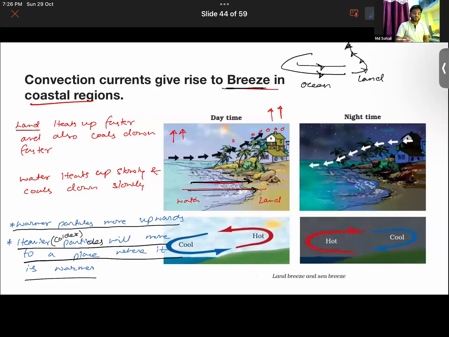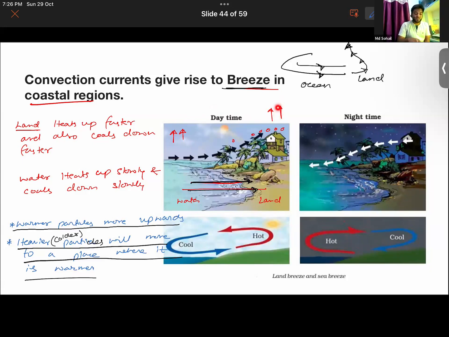Okay, sure. In the daytime, basically what happens, the air molecules over the land will be heated up because we know that land heats up faster. So the air above the land will also become warmer and then tend to rise up, because when they are heated, they become lighter.